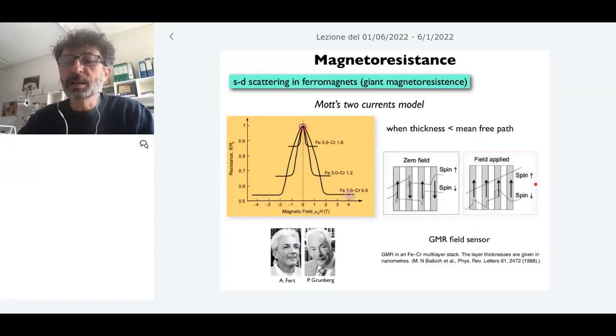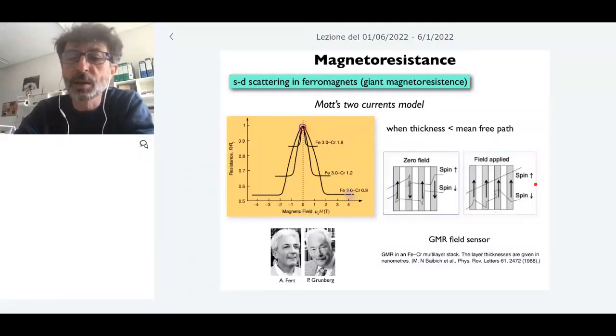If the magnetizations are all parallel, regardless of the spacer, let's consider that the spacers are very small, much smaller than the mean free path, then the up electrons will travel with their intrinsic mean free path, possibly crossing many of the different layers, while the minority spins travel exactly at their mean free path, which is very small.